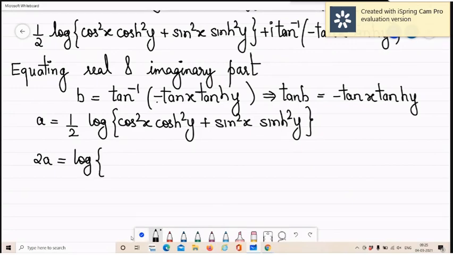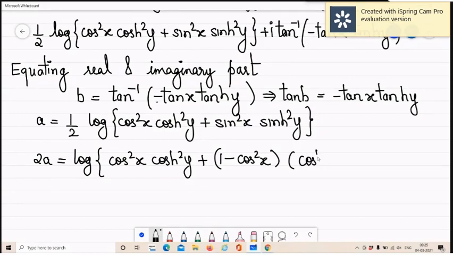Now in the question everything should be in cos. So simultaneously let's start doing that also. So this will be as it is. Sin square will be written as 1 minus cos square x and sinh square will be written as cosh square y minus 1.